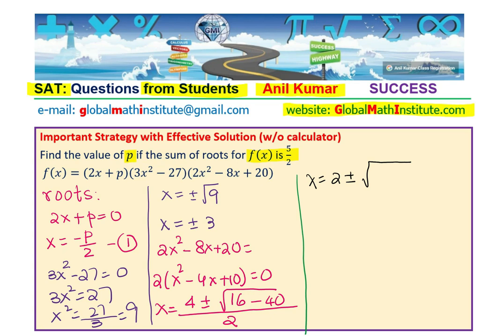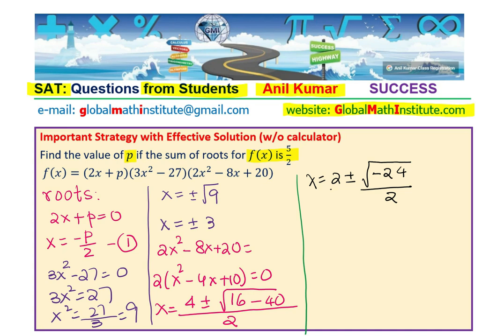That means a complex root. Some of you have not yet done complex roots, right? So if I do, what do I get? I get minus 24 divided by 2. So I already did 4 by 2, which is 2, plus minus square root of minus 24 over 2, right?